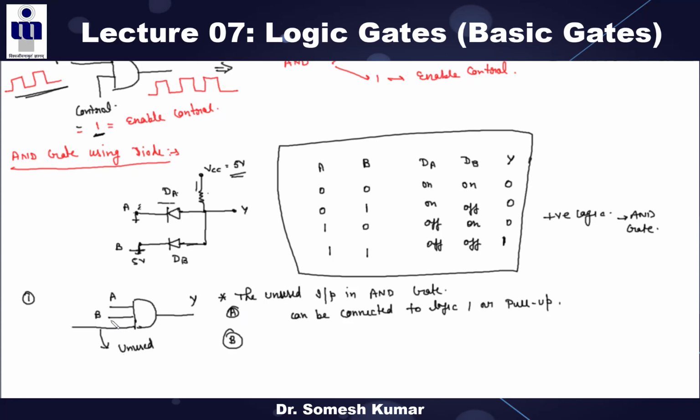If I connect this unused input to this used input, then what happens? B dot B is B. So it will not affect the output, right? So the unused input, as a second priority, can be connected to one of the used inputs, right?